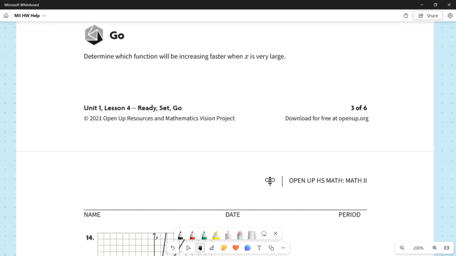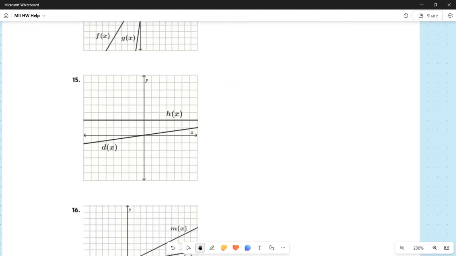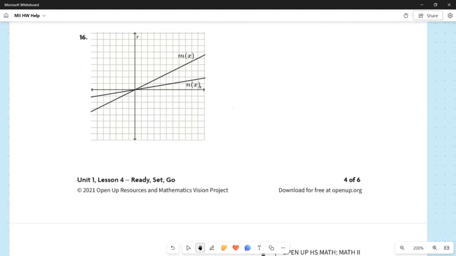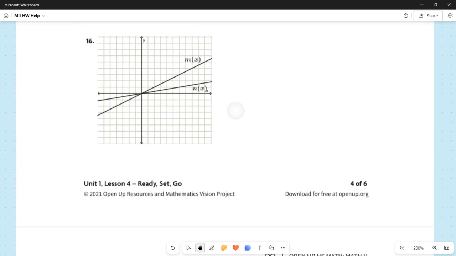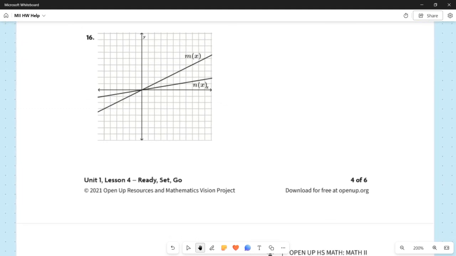The next problems appear in the Go section, and the directions here say determine which function will be increasing faster when x is very large. The first assigned problem was question 16, and the directions ask what's going to happen when x gets very large.